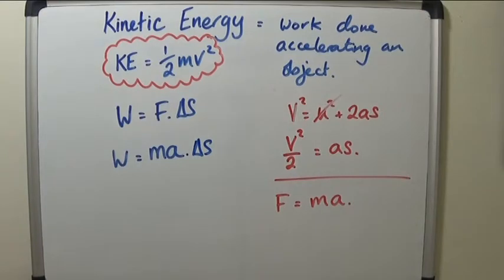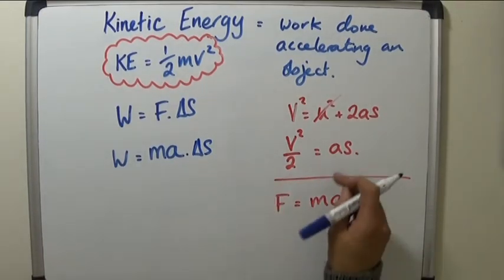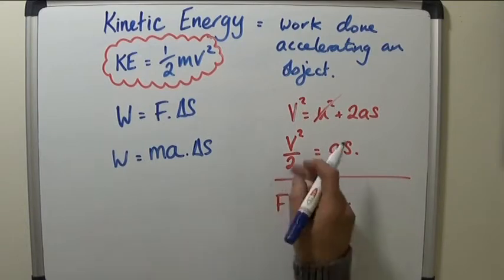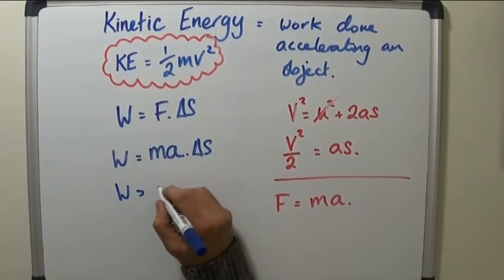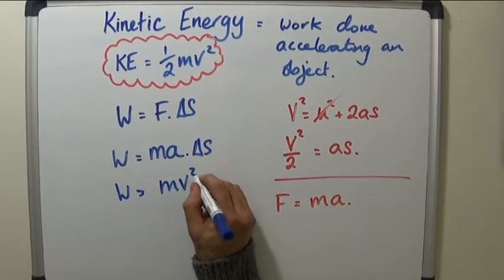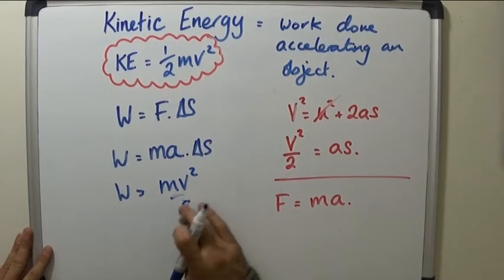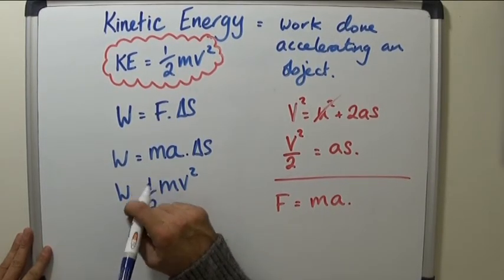Over here we've just established that a times s, the distance moved, forget about the delta, is v squared upon 2, so we can simply swap these two, and that gives us v squared over 2, which is of course most commonly written as a half mv squared.